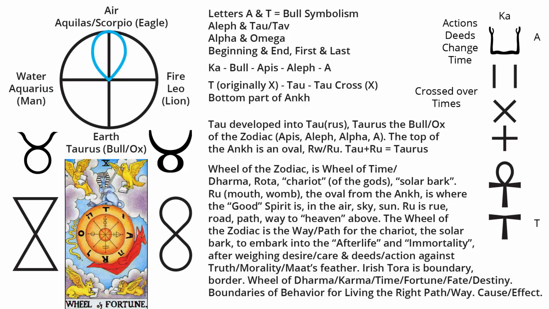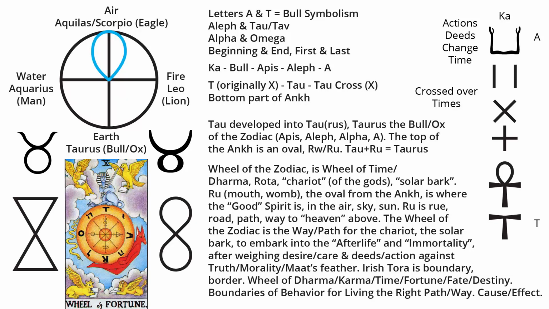It's just symbolizing the top part of the cross, the air and the thoughts and the higher consciousness, with the Ru oval loop of the mouth and the gate to God. So the gate to God is through the air symbol of higher consciousness and thoughts, and that's the Ru oval in the Ankh, the mouth and the womb and the gateway to that higher consciousness is through the air symbolism of our thoughts and higher consciousness.